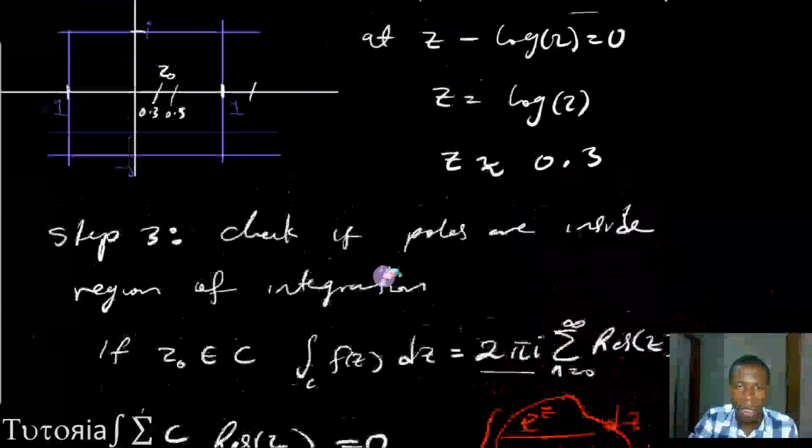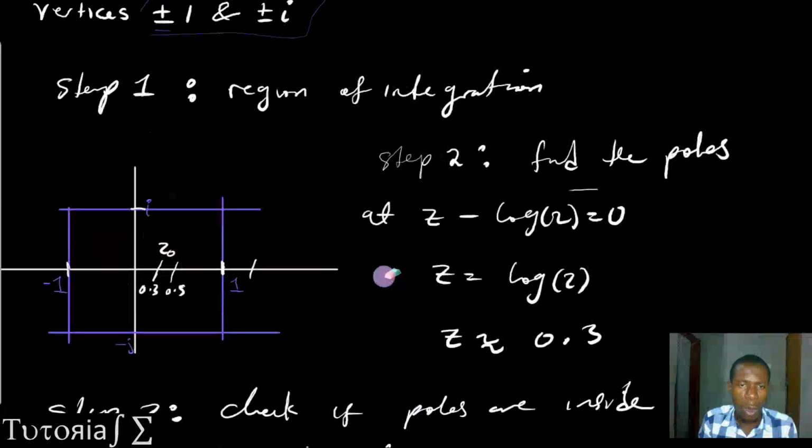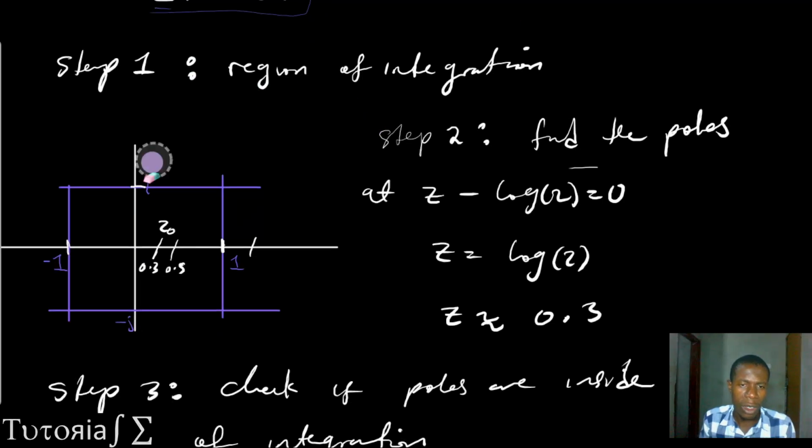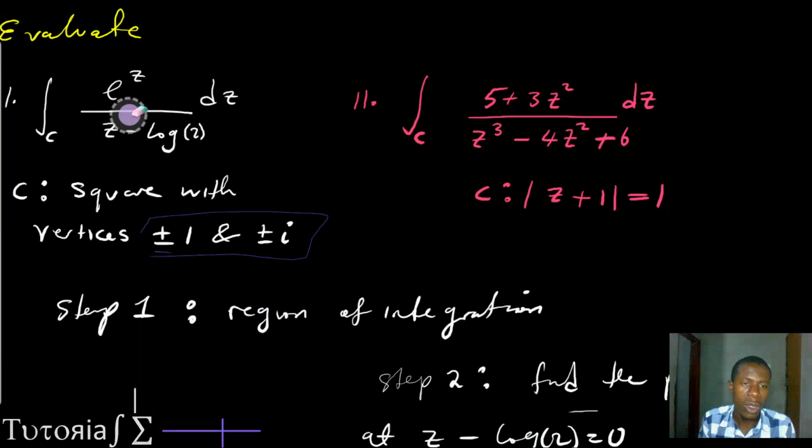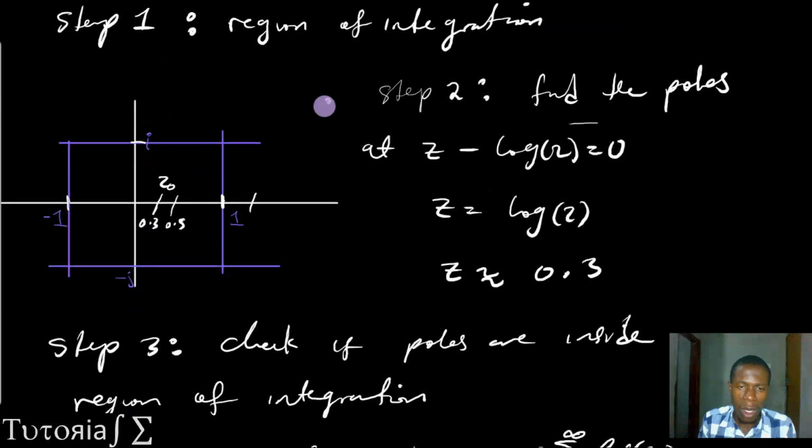Okay, so the steps follow. First of all, you sketch your region of integration. After sketching your region of integration, you find your poles. By finding poles, you're just finding points where the function is undefined. After you find points where the equation is undefined, you check if those points are inside or outside.